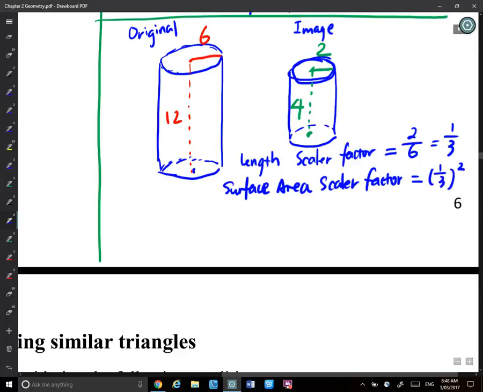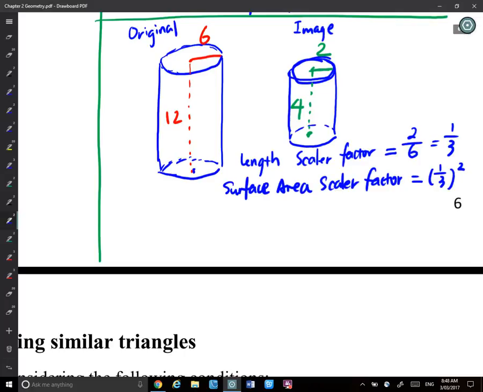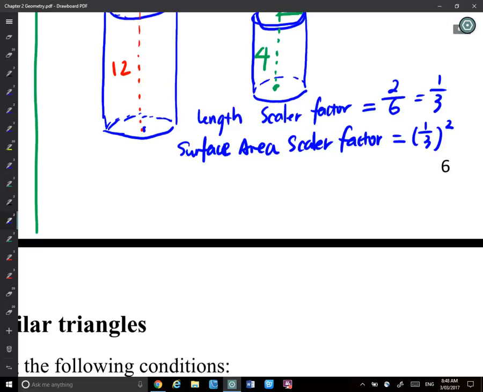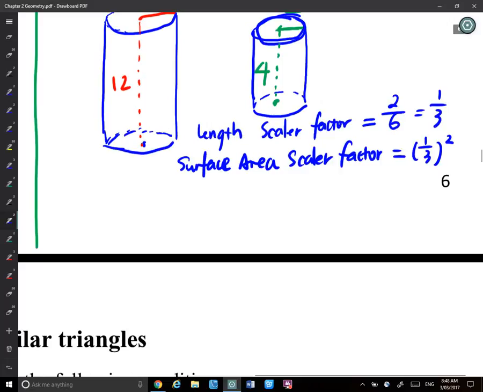If we talk about area, the area factor will be the square of the length scale factor. So the surface area scale factor will be 1 on 9. The total surface area of the image over the total surface area of the original will give you 1 on 9.